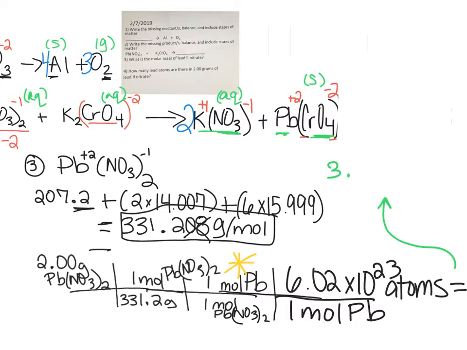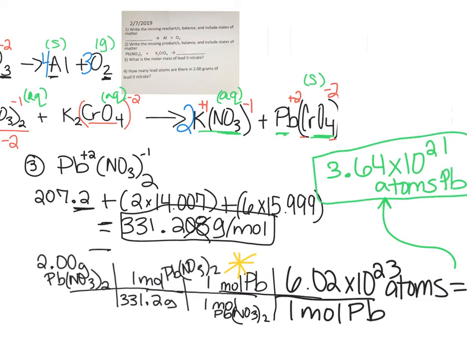Yeah. All right, 3.64 times 10 to the 21. Okay. All right. So you got it all written down to study later? Yes, Miss Fogel. Cool. All right, moving on.